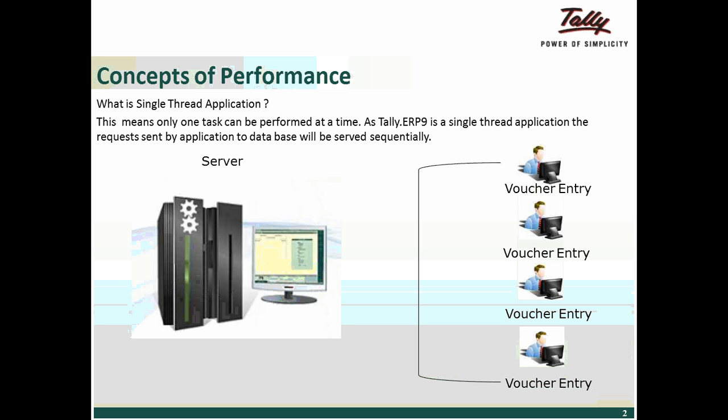Since Tally is a single-threaded application, it gives preference to read first. If any report is being fetched, that person gets the first preference, and then the rest of the activity is accepted sequentially. So Sumati, is it clear?